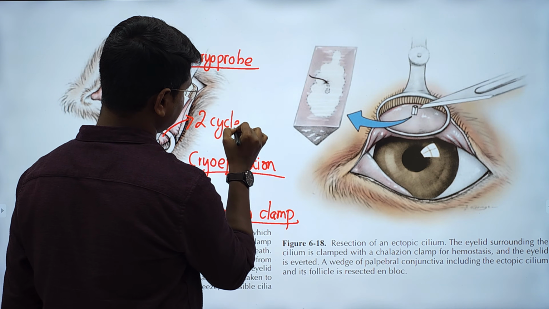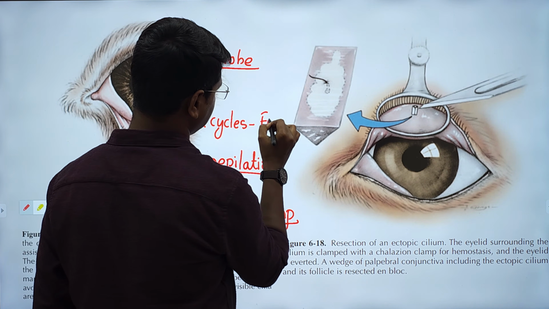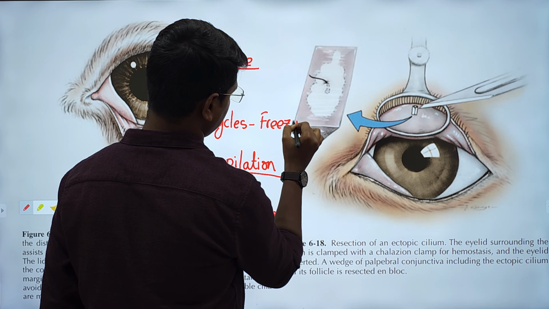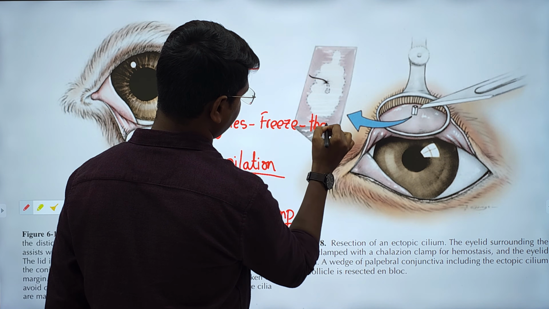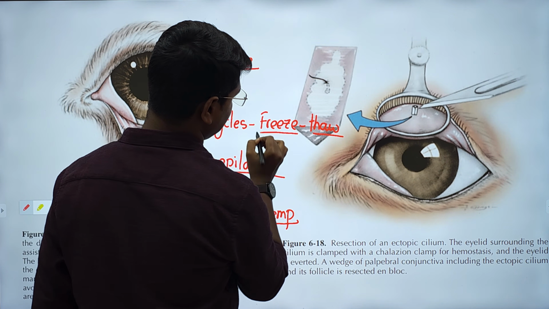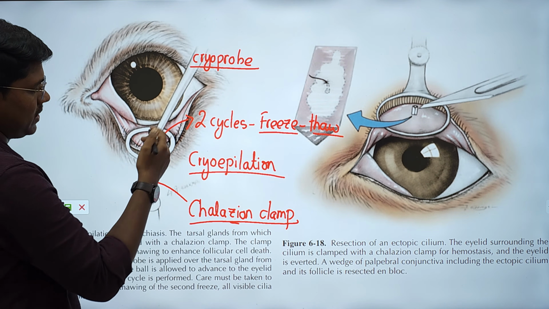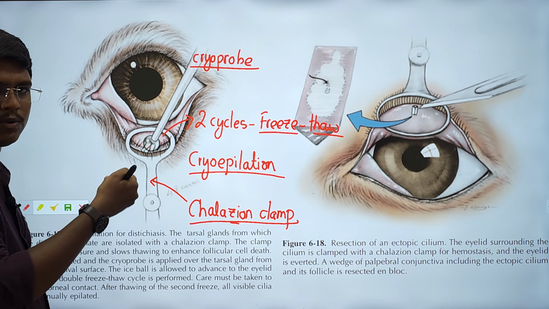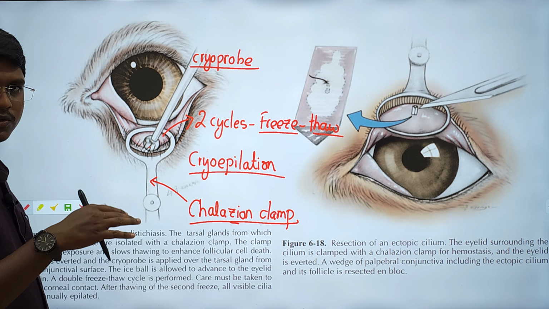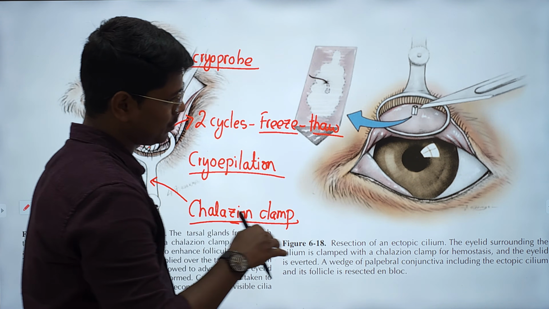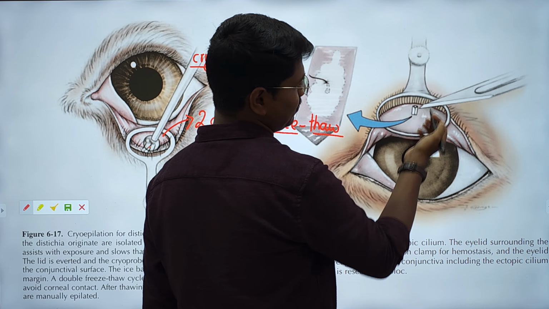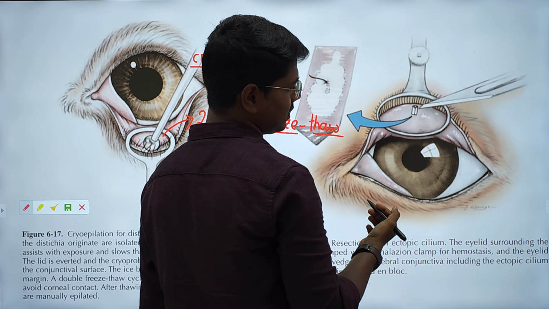It means first you freeze, then wait for thawing, then freeze, then thaw. After 2 cycles of freeze thaw, the cilia will be destroyed, then those cilia will be plucked out. Understood? This is dystrichiasis.